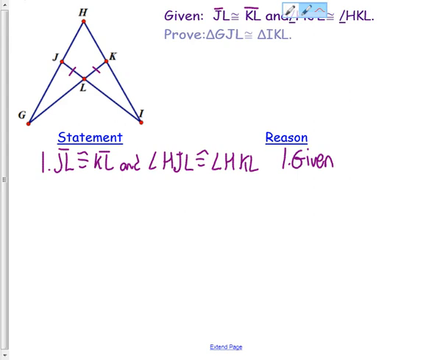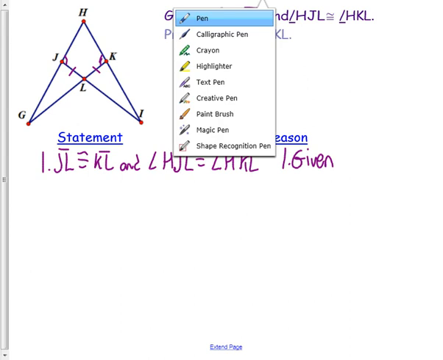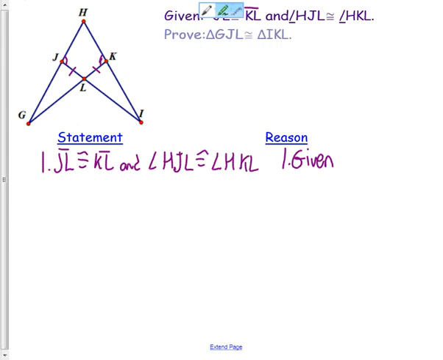And if I mark these angles, HJL and HKL are right here. And I am trying to prove this triangle is congruent to this triangle.